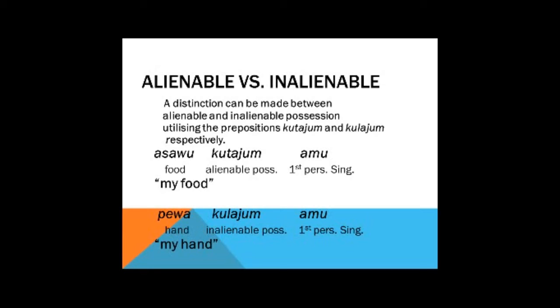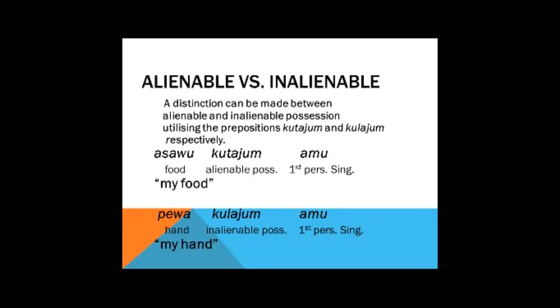Alienable versus inalienable possession. Alienable possession is where whatever you're possessing, it can be transferred to a different owner, in theory. So my food could be given to you and it could become your food. Inalienable possession, on the other hand, it's non-transferable.